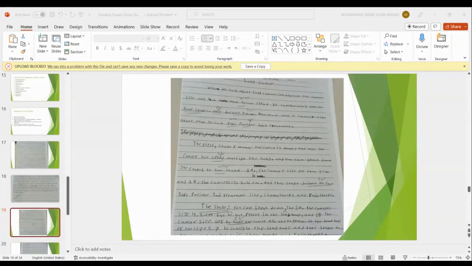Can you let me know the score which you would give? Of course, it's not the same as the previous essay we just looked at.